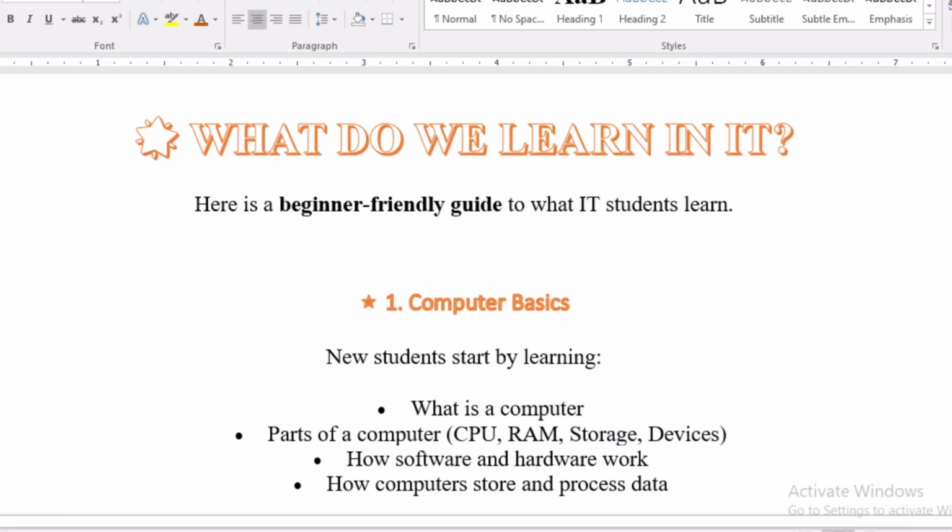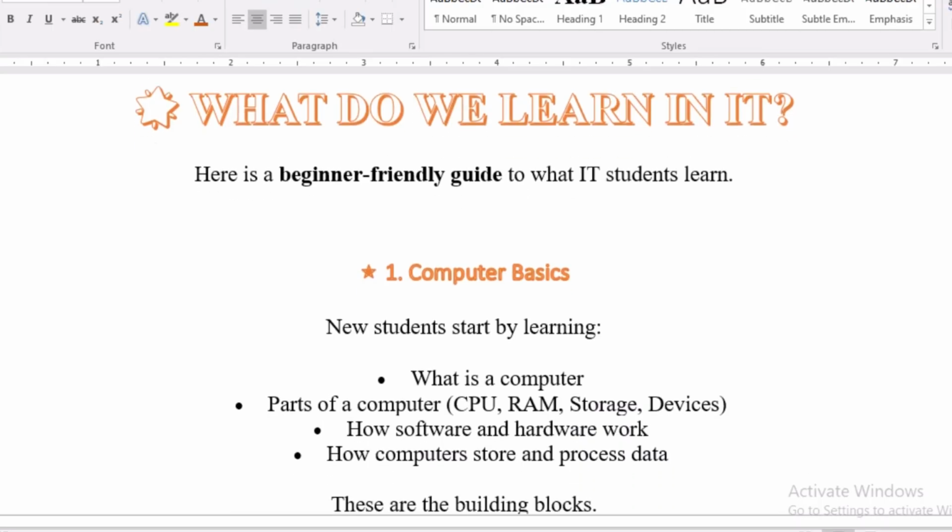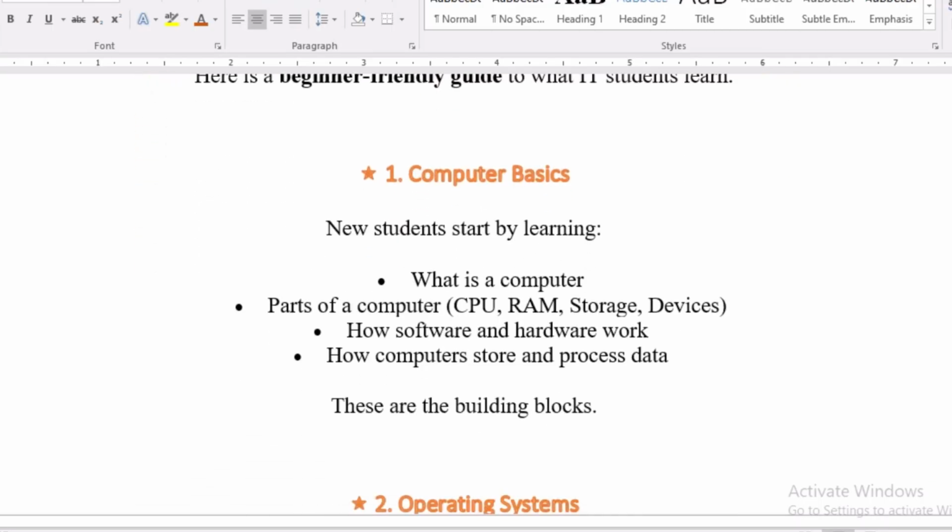What do we learn in IT? Here is a beginner friendly guide to what IT students learn. Computer basics. New students start by learning what a computer is, parts of a computer, CPU, RAM, storage devices, how software and hardware work, how a computer stores and processes data.